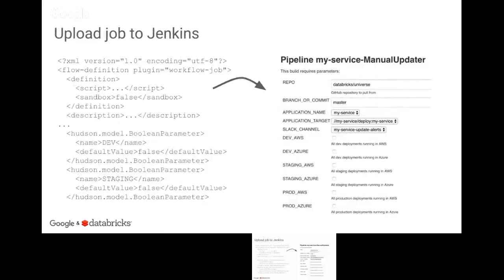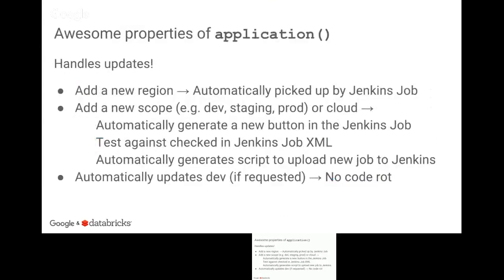The last step is to upload it to Jenkins, and we've made this convenient by adding a simple Bazel run command that makes the right API calls to Jenkins and puts it up there, and you get a little Jenkins job that allows you to deploy your thing. So, why is this awesome?